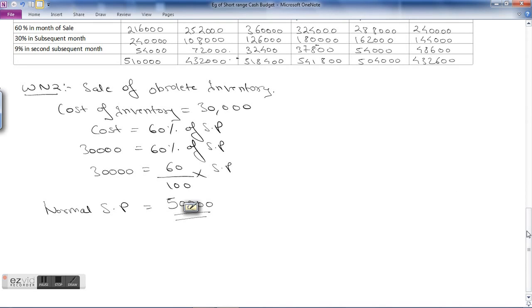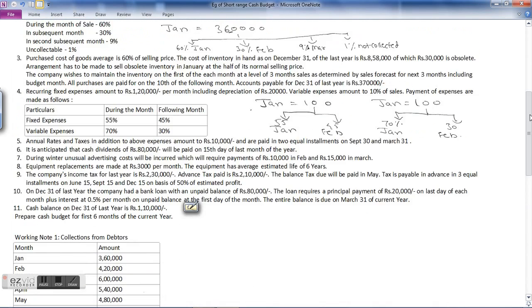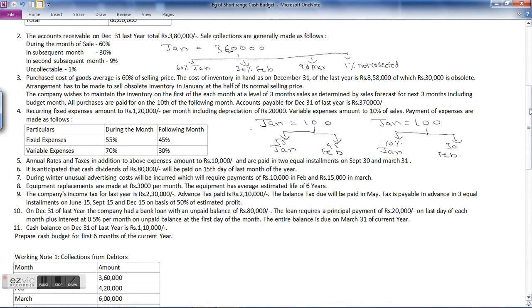Now what is given in point number 3 is that the arrangement has been made to sell obsolete inventory at the half of its normal selling price. So inventory will be sold at half of its normal selling price, that is 50% of 50,000, 25,000.